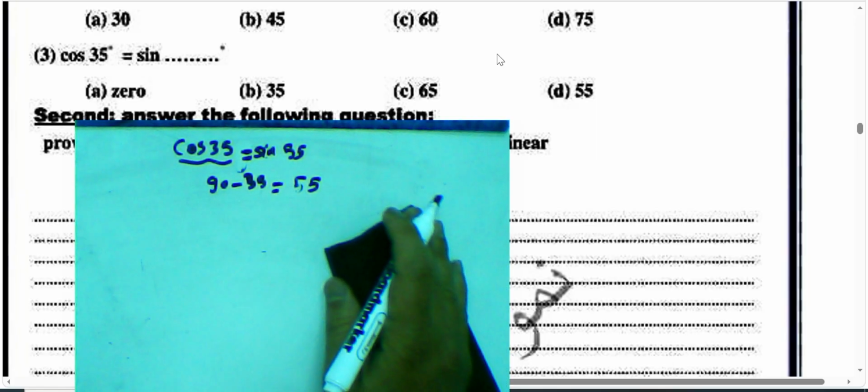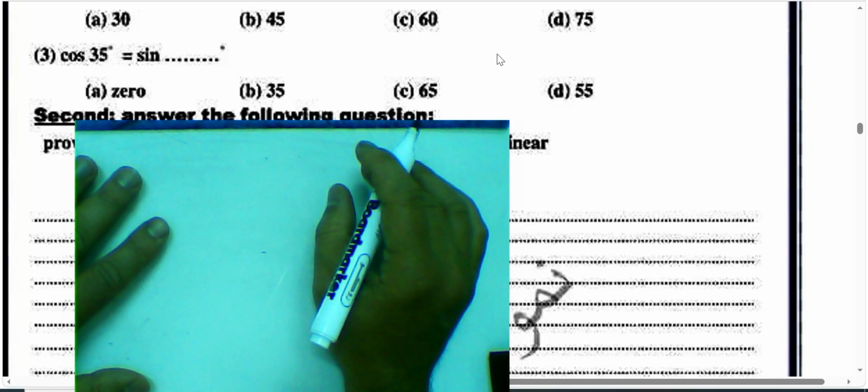Because we have angles 35 and 55, what do we call them? We call them complementary angles. The summation between them together equals 90 degrees. Okay, 35 and 55, it will be what? Complementary angles. Understood?